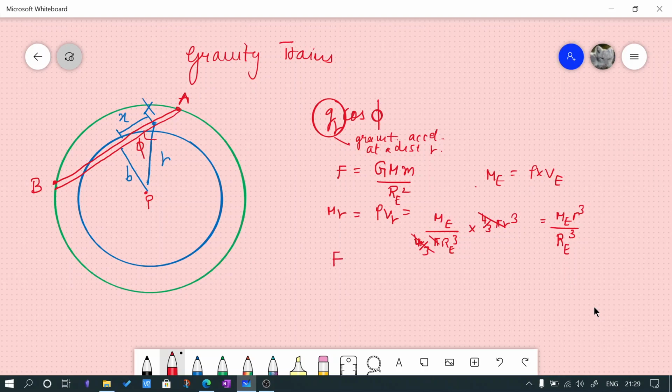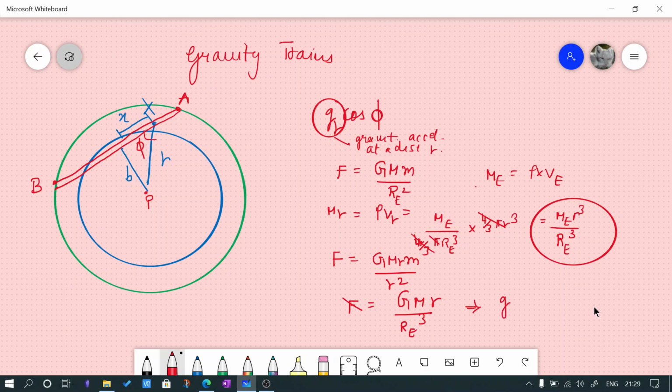So the force acting due to gravity at a distance r from the center of the Earth would be G M_r m by r square. On substituting the value of M_r inside this equation, we get F equals G M_e m r by R_e cube. So m gets cancelled out.